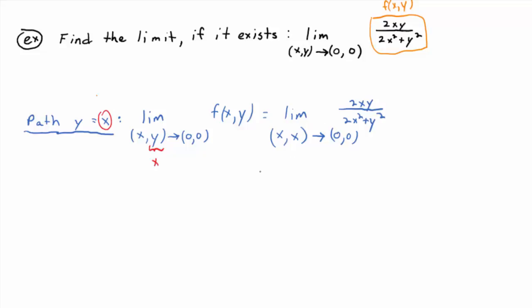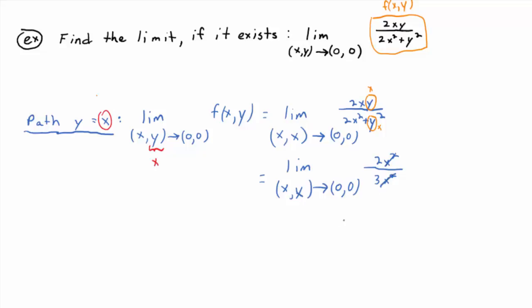And so this becomes the limit as (x, x) approaches (0, 0). Think about it. If I replace this y with x and this y with x, what do I get on top, you guys? 2x squared. And what do I get on the bottom? I get 2x squared plus x squared, which is 3x squared, and what's going to happen?